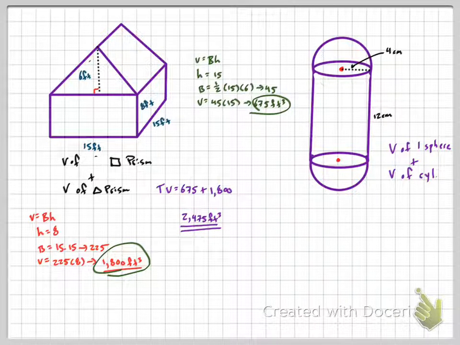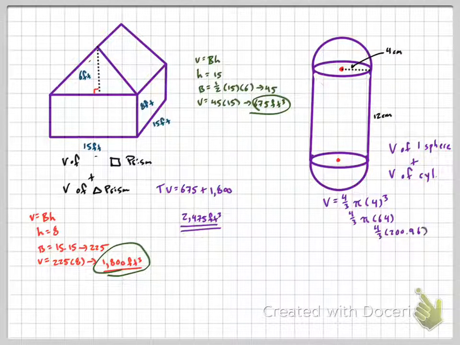All right, so let's start with our sphere. We know that volume equals 4/3 pi r cubed, and our r based off our diagram is 4. So 4 to the third power is 64. So we have 4/3 pi times 64. 64 times 3.14 is 200.96. So we have 4/3 times 200.96.